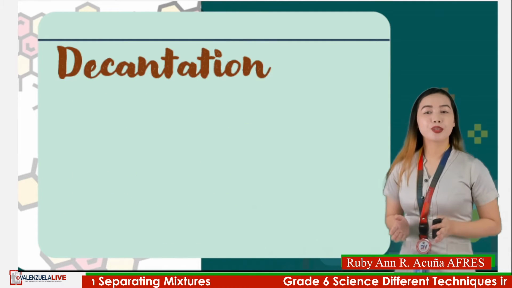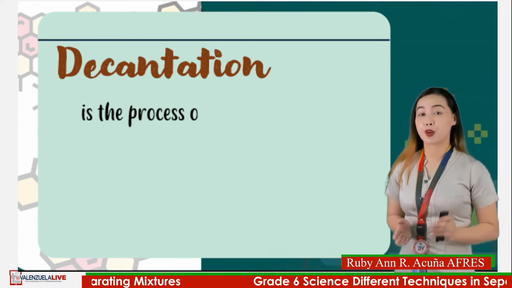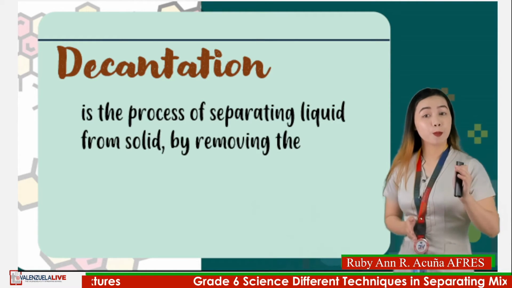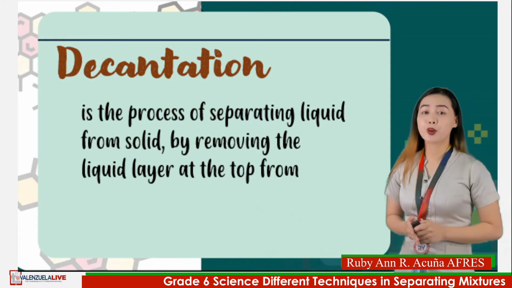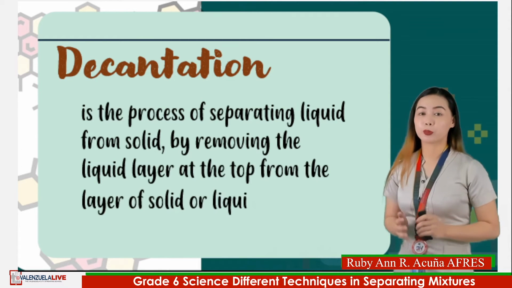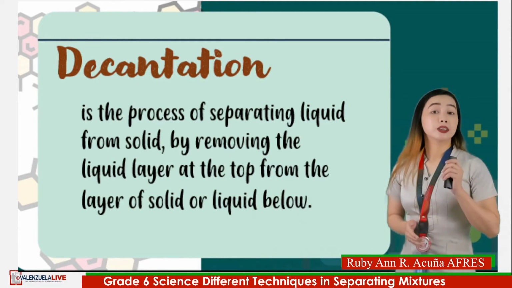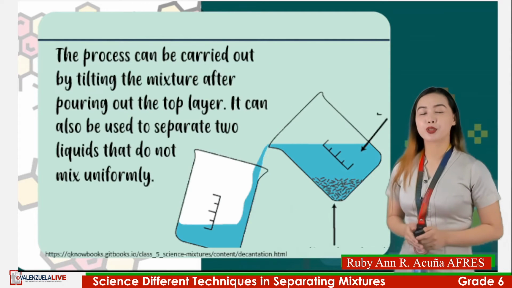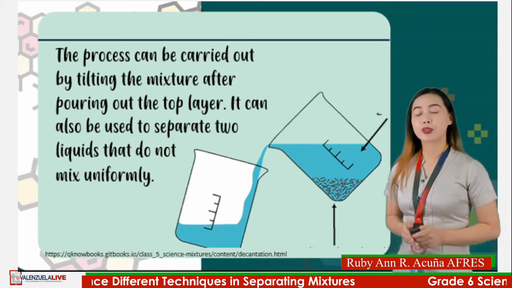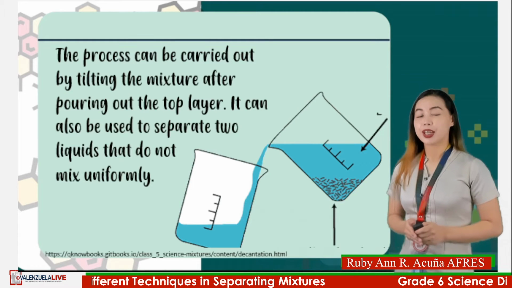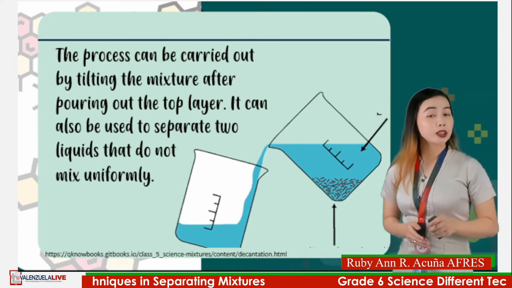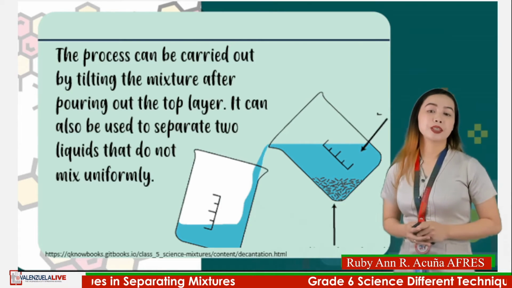Decantation is the process of separating liquid from solid by removing the liquid layer at the top from the layer of solid or liquid below. The process can be carried out by tilting the mixture after pouring out the top layer. It can also be used to separate two liquids that do not mix uniformly.